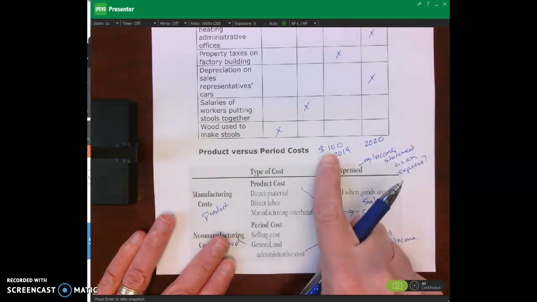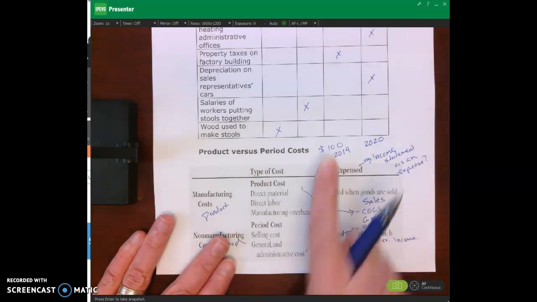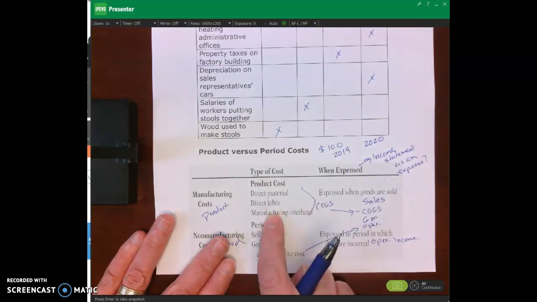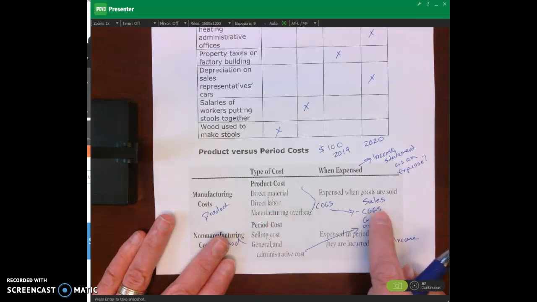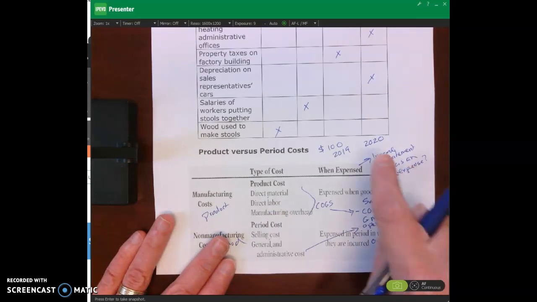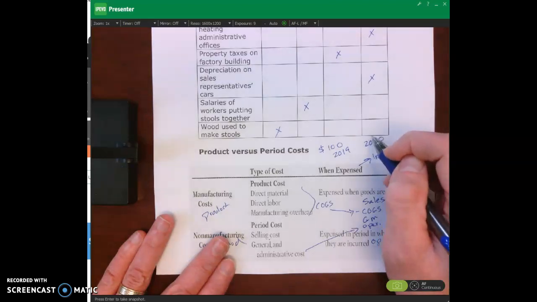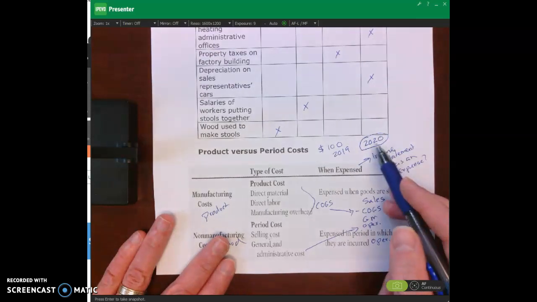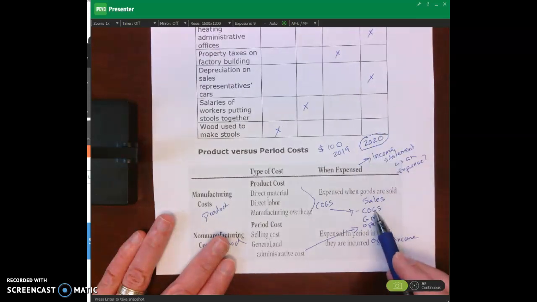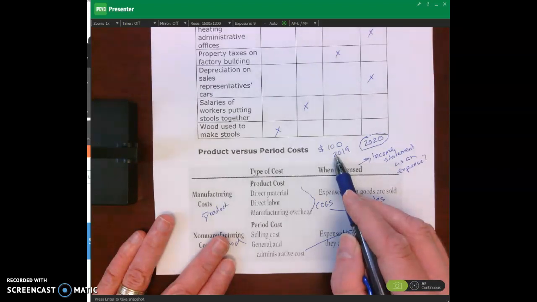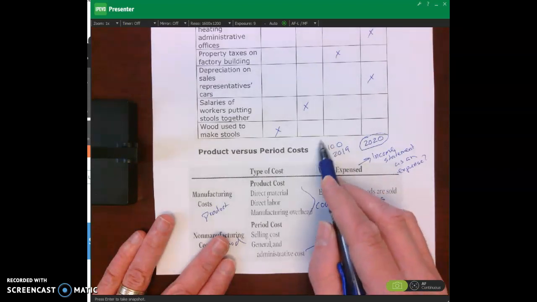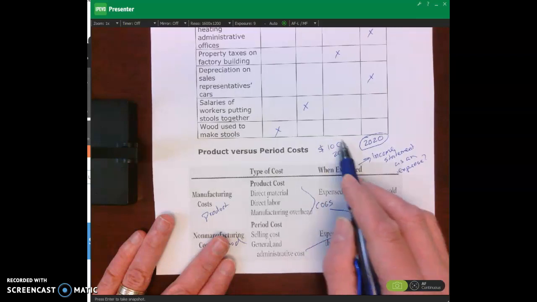When does this $100, which it cost me to make this table, show up in cost of goods sold? It shows up in cost of goods sold in the period or the year, the accounting period, in which it was sold. So if I sold it in 2020, it shows up on the income statement in 2020, not in 2019, even though I incurred the cost to make the table.